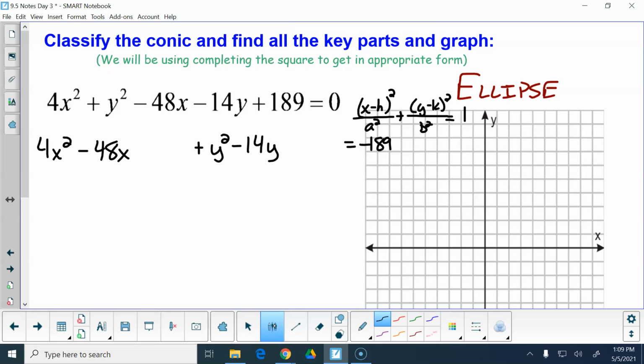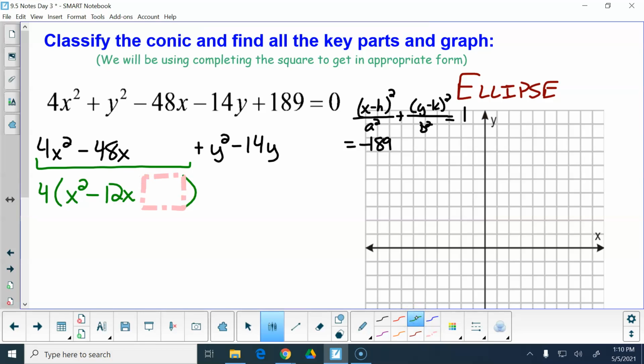Now I'm going to do completing the square on my x's. Okay. Well, first thing, I've got to get a coefficient of 1, so I need to factor out the 4. That creates the box that I need to fill.